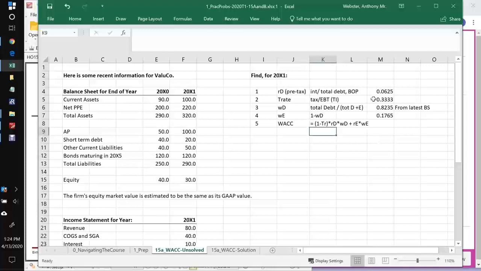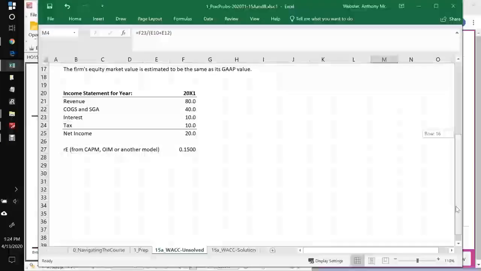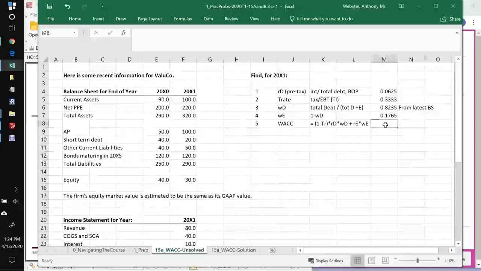And that's it. And now we have everything up above here that we need to compute this, except for we don't have cost of equity capital, but it's down here. Someone's done it for us. They did it from CAPM, Opportunity Investment Model, or something else, and it's 15%. So we'll plug that in where we need to.